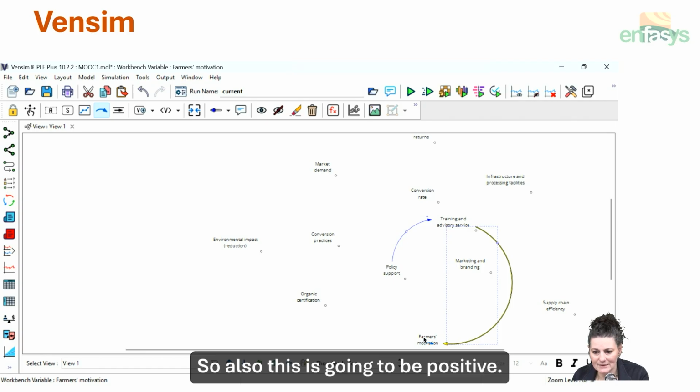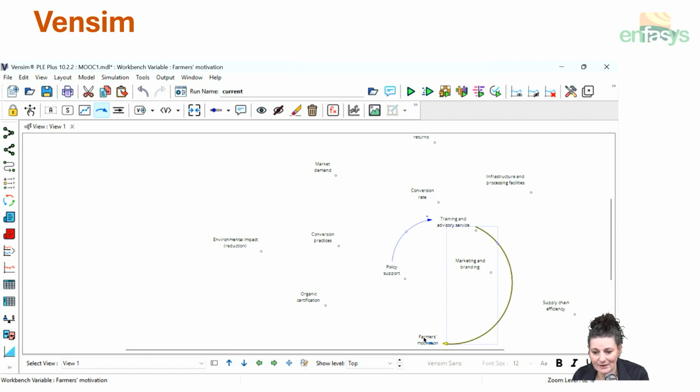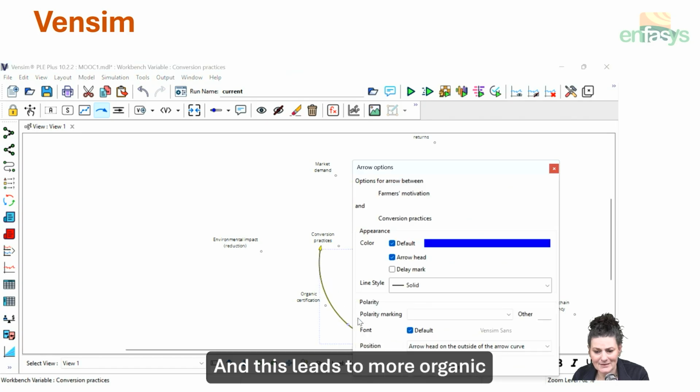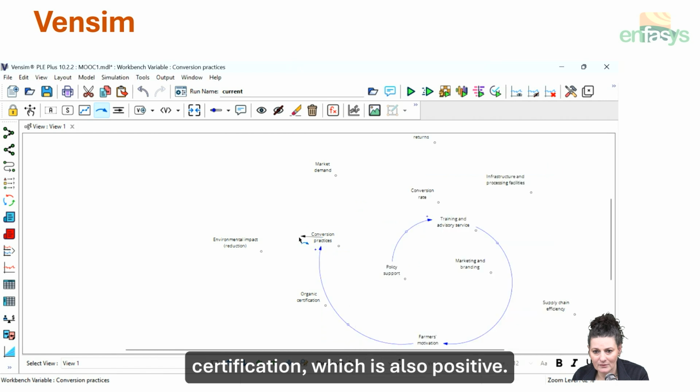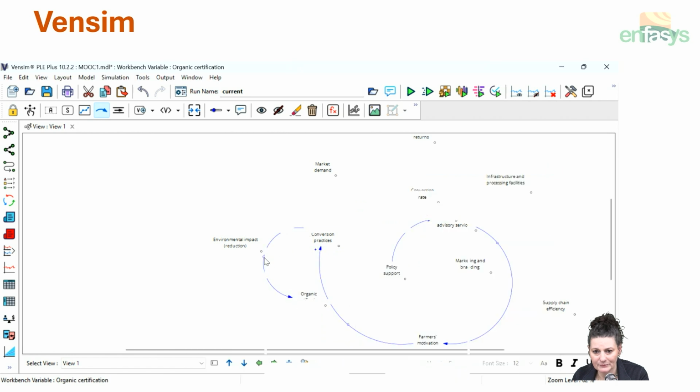So this is also going to be positive. And this leads to more organic certification, which is also positive.